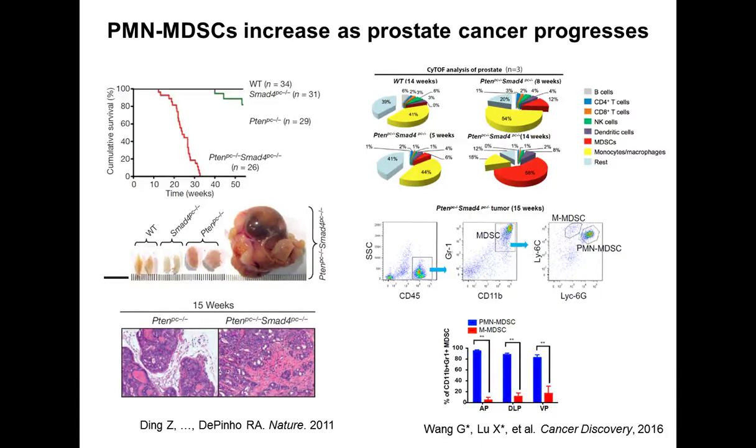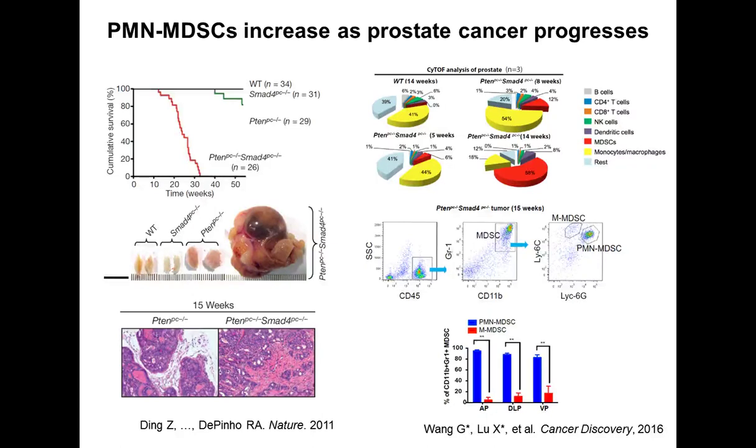The lab published a paper in 2011 showing that we developed a very aggressive prostate cancer model by prostate-specific deletion of two tumor suppressor genes, PTEN and SMAD4. Compared to the PTEN single deletion, this double knockout develops aggressive prostate cancer very quickly, and those cancers also metastasize to lymph node and lung.